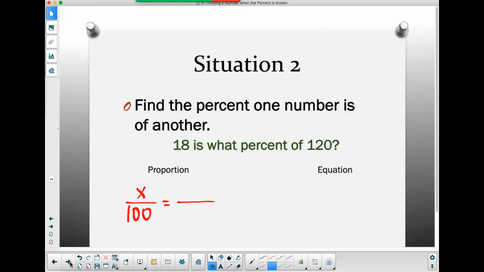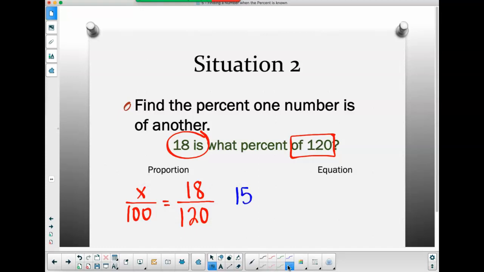Which number goes on the top and which one goes on the bottom? Matthew, what do you think? Very good. 18 is the part, so that goes on the top. 120 is the of, so that goes on the bottom, and then we solve it. 18 times 100 divided by 120, and my answer is 15.